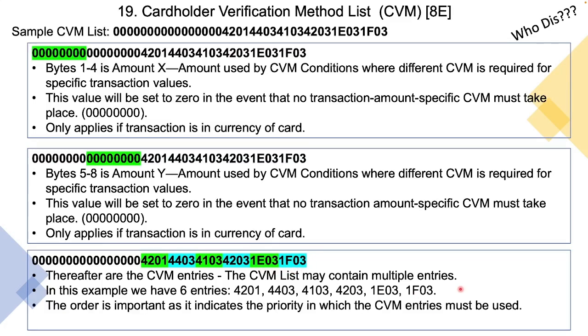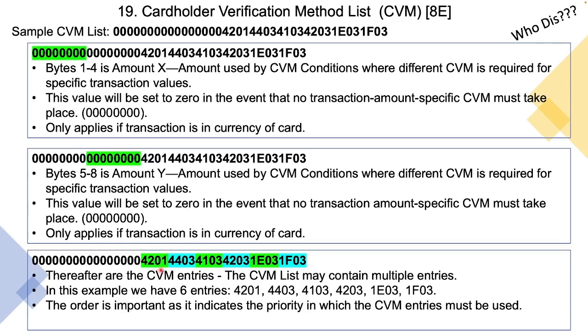The order is also important, because this is your highest priority, second, third, fourth, fifth, and sixth priority. During a transaction, if the terminal supports all of these entry types, it will try to use 4201 because it's the highest priority on the card.